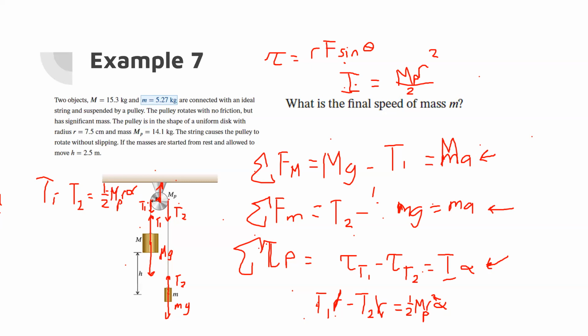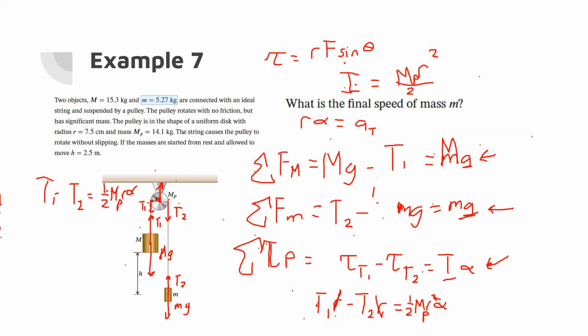Now notice one other thing: with r times alpha, I know that r multiplied by alpha is actually going to be the same as the tangential acceleration, which in this case is going to also be the same as this acceleration and this acceleration.